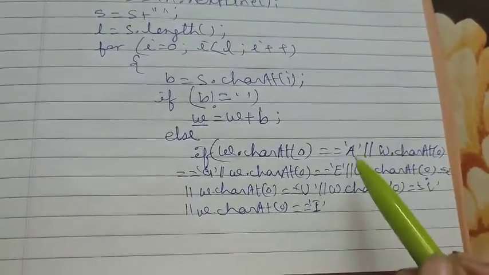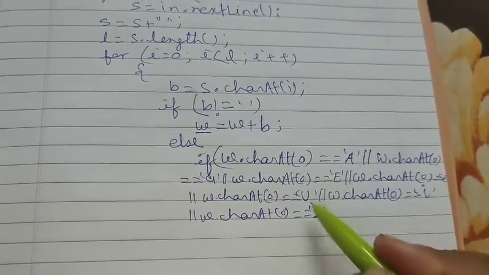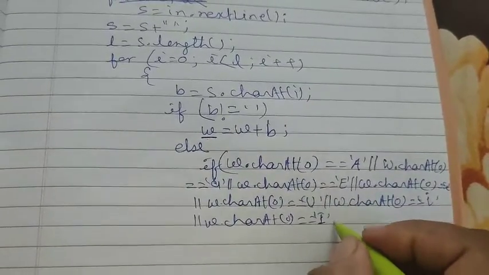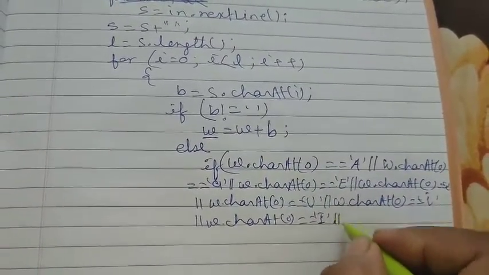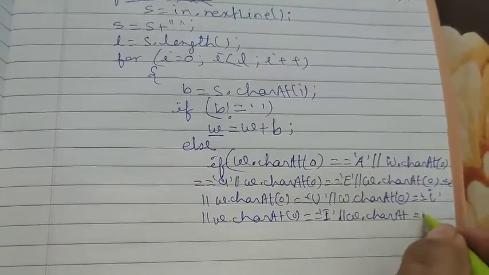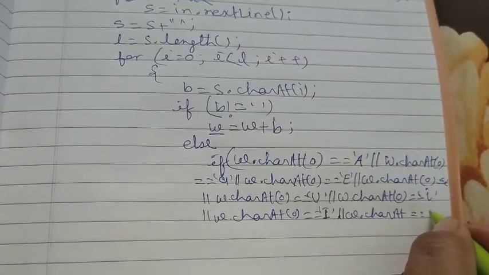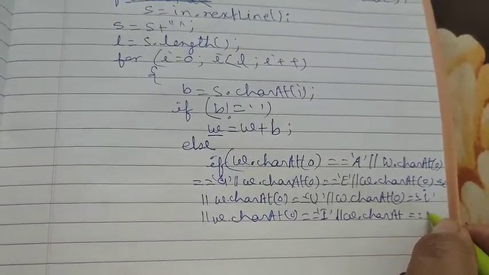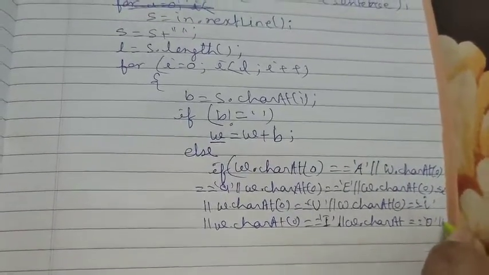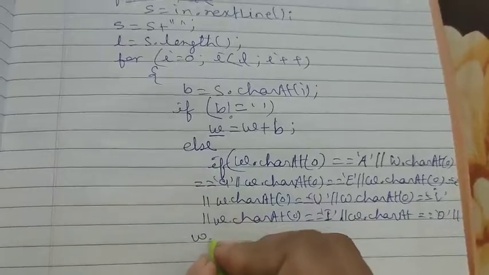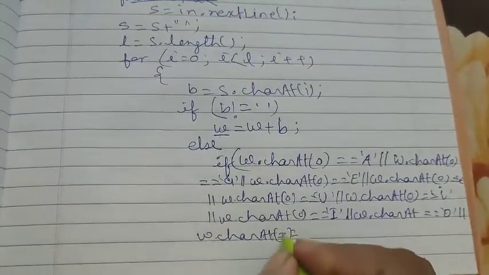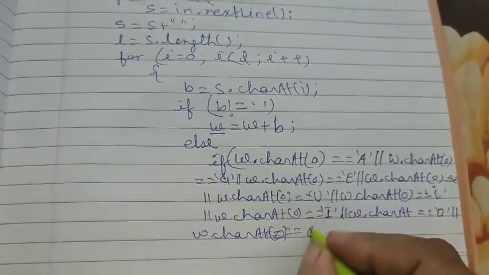So how many characters already? A, E, U, then I, then I am going to check again, or w.charAt(0) equals E, that is done. Now it is O, or w.charAt(0) equals small o.